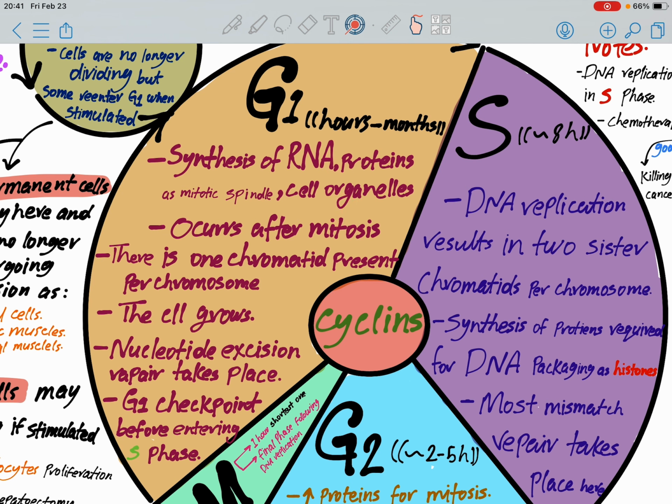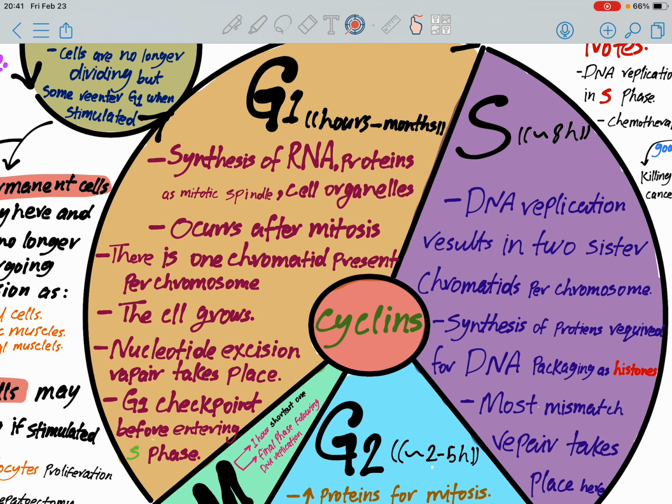Growth 1 phase occurs after mitosis, and there is one chromatid present per chromosome. Why 1? Because we haven't entered S phase, which is responsible for the replication and duplication of the DNA. So we only have a single chromatid. The cell grows.